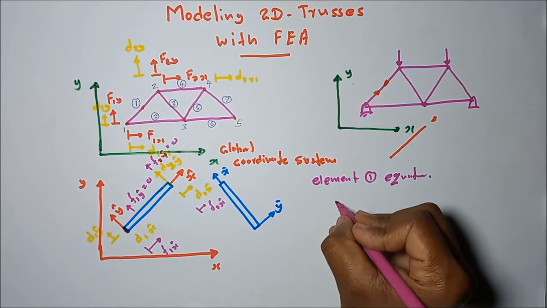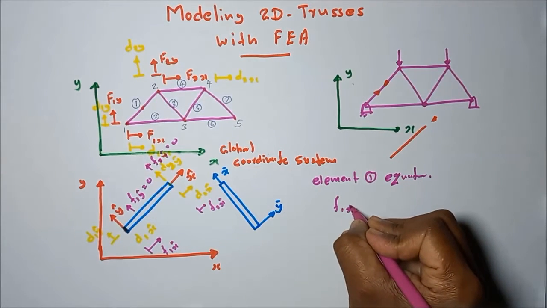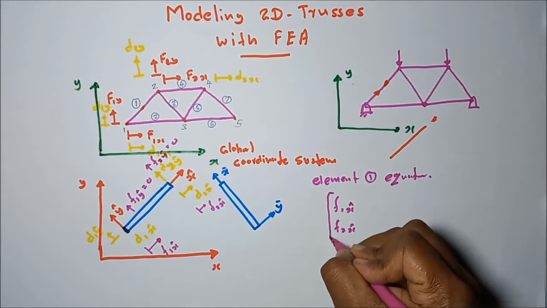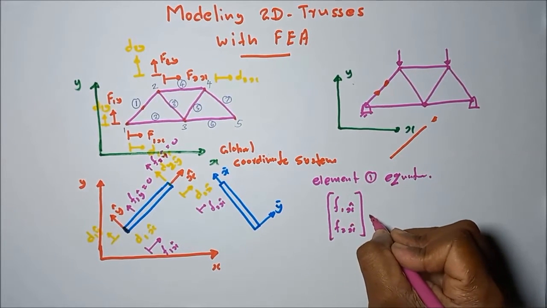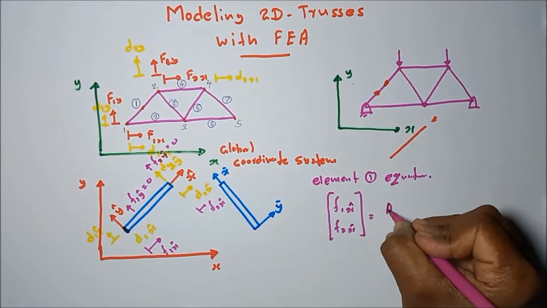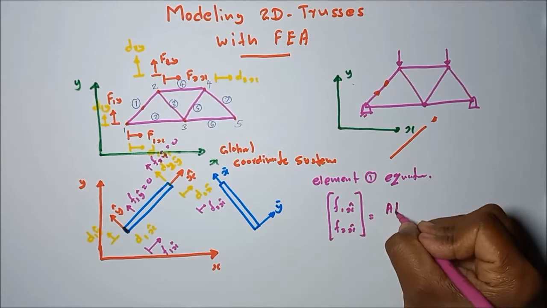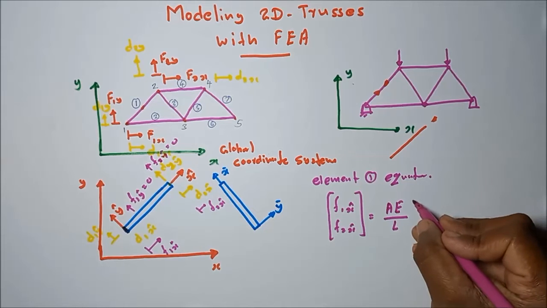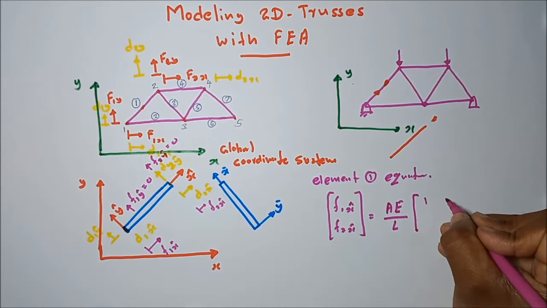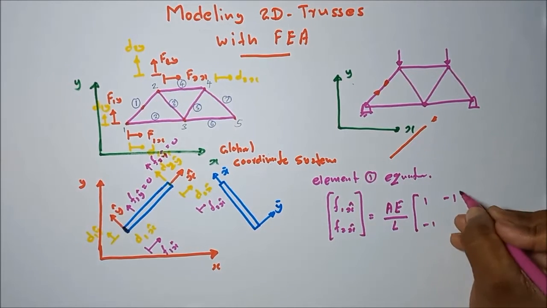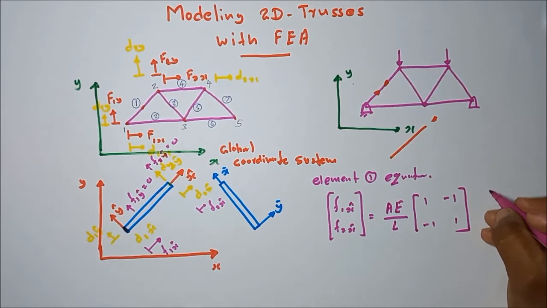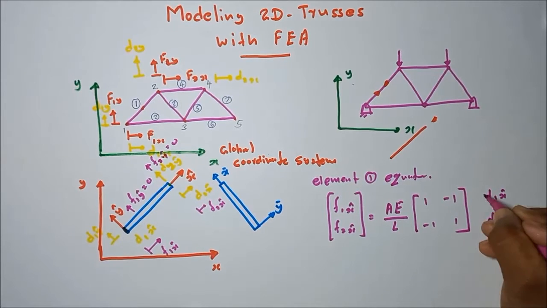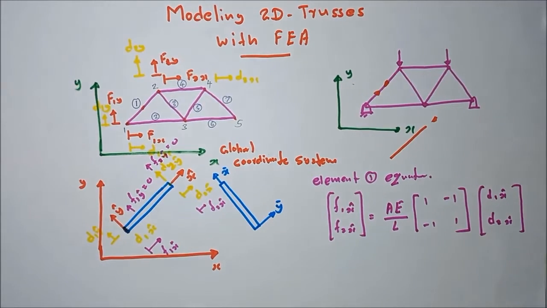You already know how to write this equation. f1 x hat, f2 x hat are the forces acting on the bar element. Then let's take the bar cross-sectional area A, the bar material elastic modulus E, the length of the bar L. Okay, 1 minus 1, minus 1 1. Then what are the displacements? d1 x hat, d2 x hat. Okay, these are the displacements.